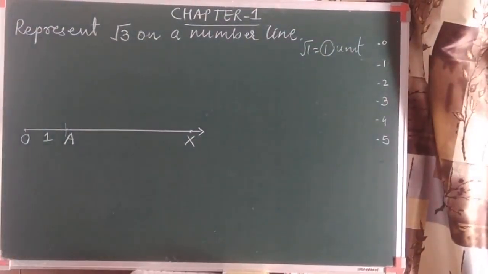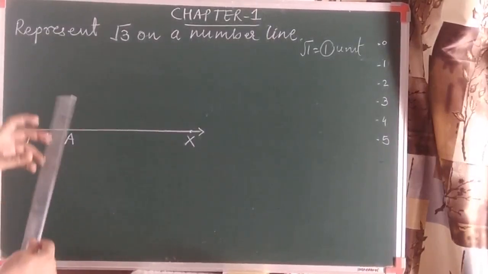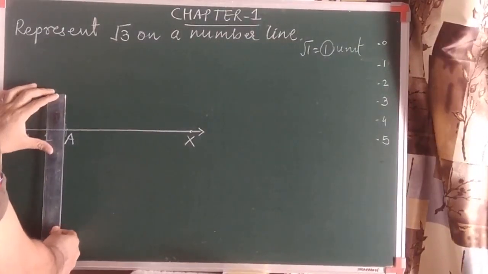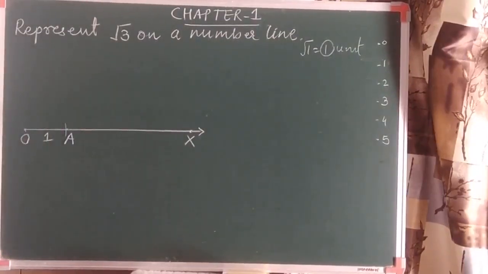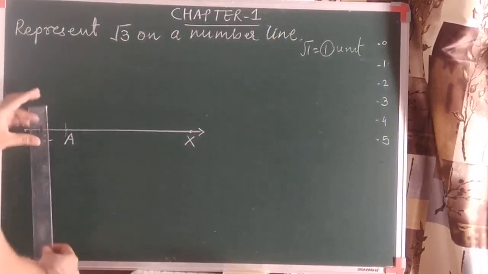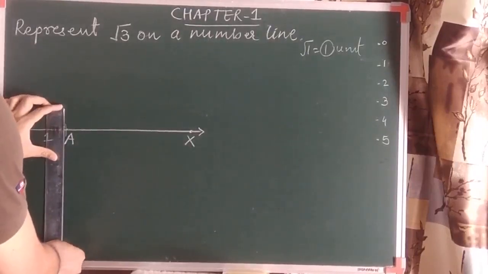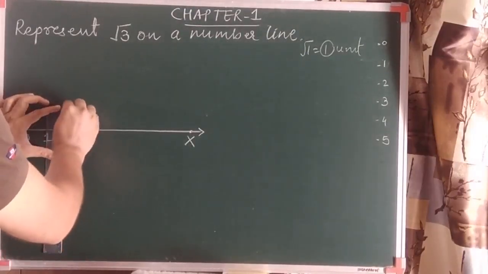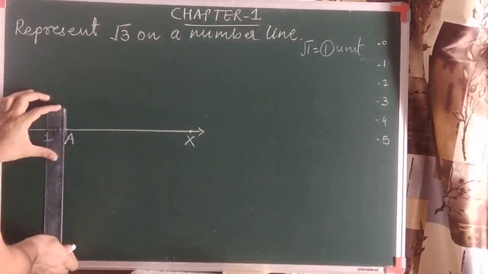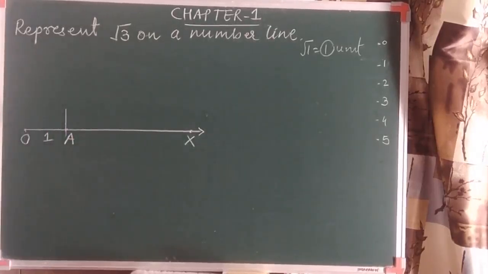Now what to do? At point A, we should again take a perpendicular distance. You can use the set square also. And this perpendicular distance is again of how much?